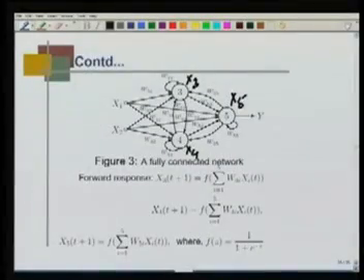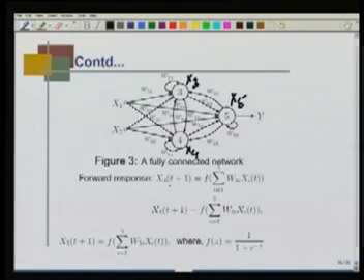So, what is the forward response? The forward response is the output of each neuron for given x1 and x2 and the present states x3(t), x4(t) and x5(t). Okay.